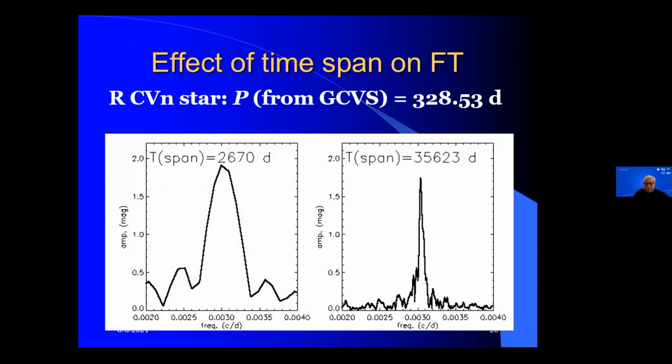So this will give you that for the RS CVn type star with the period of 328.53 days, surely you may have a more detailed power spectrum if you make a span of, say, 35,623 days. But of course, it's excessively long for any particular type of observational research nowadays, because nowadays we are very much dictated by a short span of time, but giving a big yield.